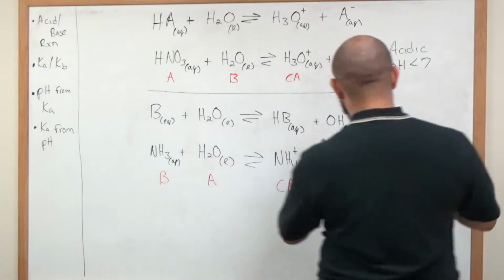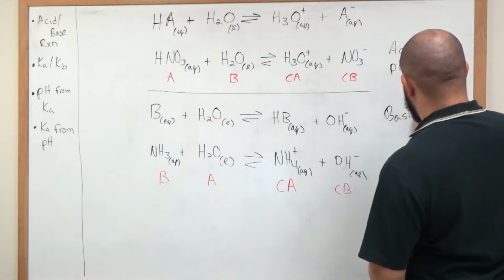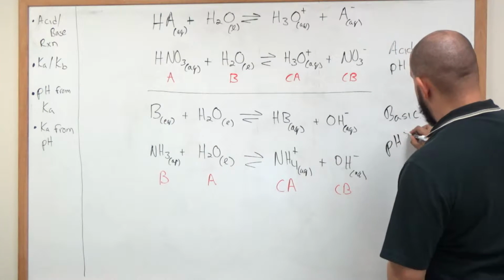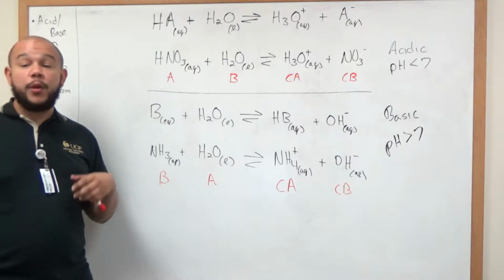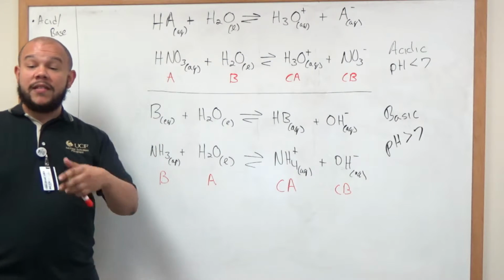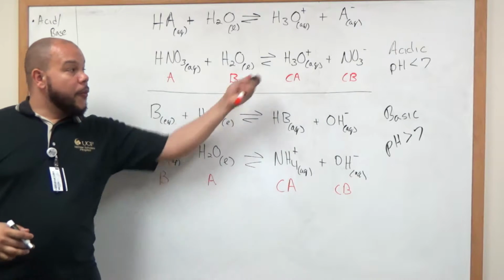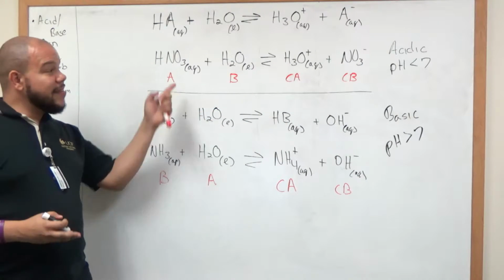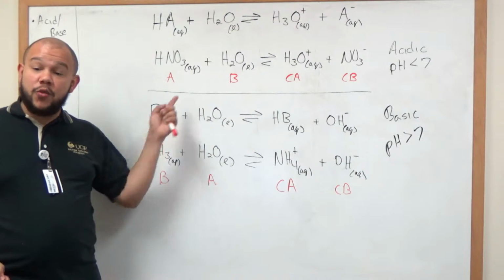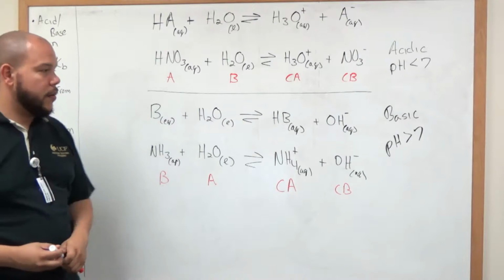When hydroxide is created, we end up with a basic solution, a pH greater than 7. So if you get a generic question like, what should the pH be if this is added to water? Ask whether hydronium is formed or hydroxide is formed. And remember, in these examples, all of this is 1 to 1 to 1, but you also need to balance these if necessary.